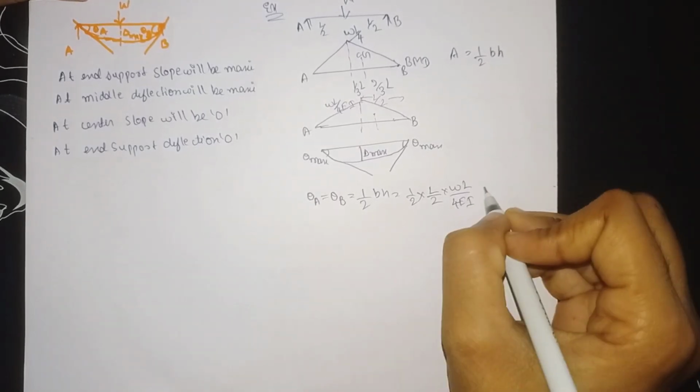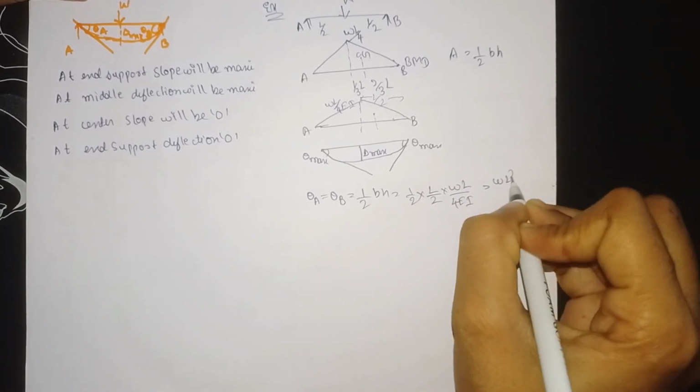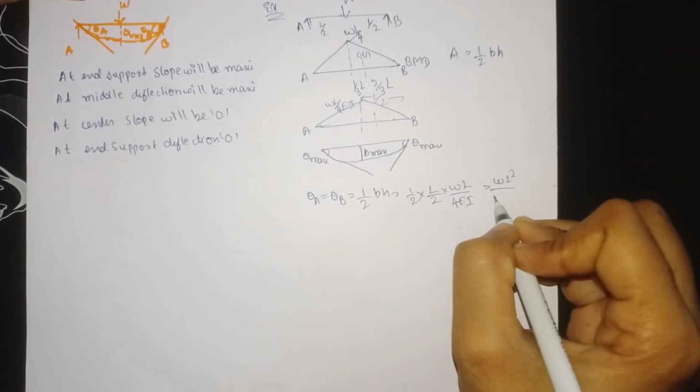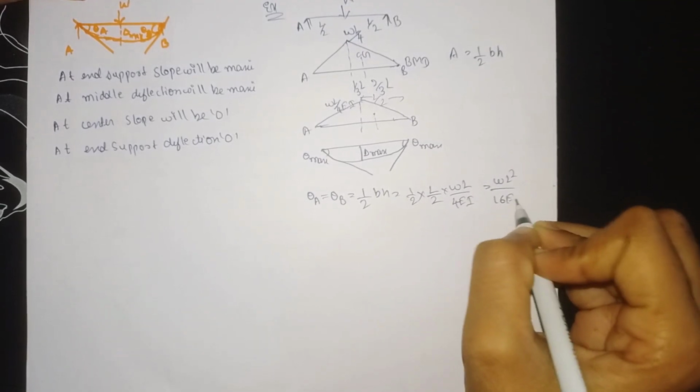So you solve: WL squared divided by 4 into 4, which is 16 EI.